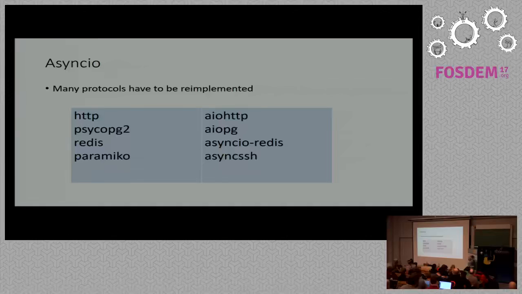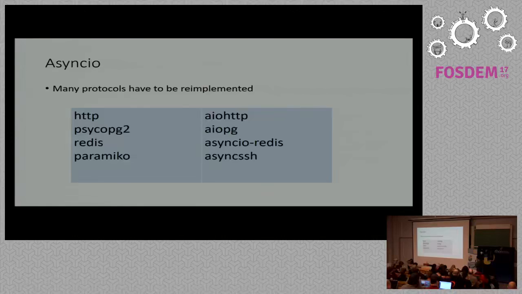I have a slide about async I/O because since async I/O was created, we actually are in a situation with Python where we have some duplication in our libraries. For every possible protocol that we have, in Python we have the original ones on the left, the synchronous protocol implementations, and then on the right we have those asynchronous implementations.